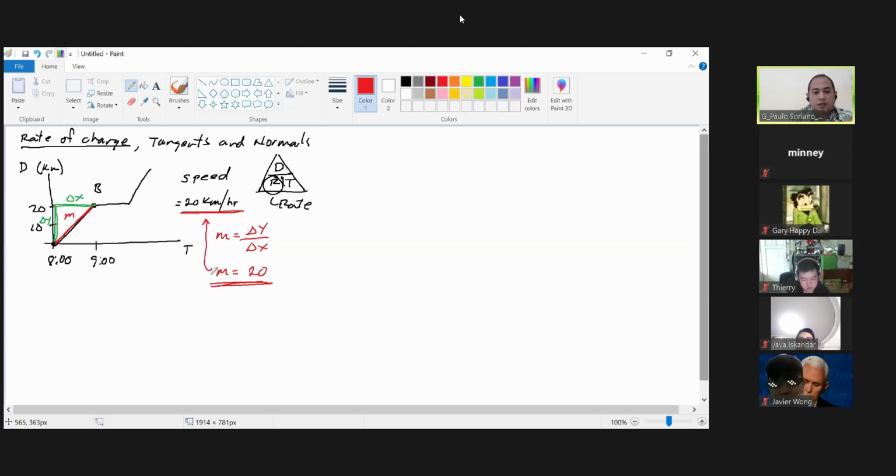Your gradient m is a rate. Are we clear on this? Delta y per delta x is the same as distance divided by time. So your gradient m is equal to the rate or your speed.